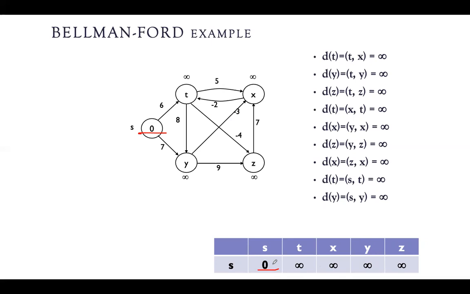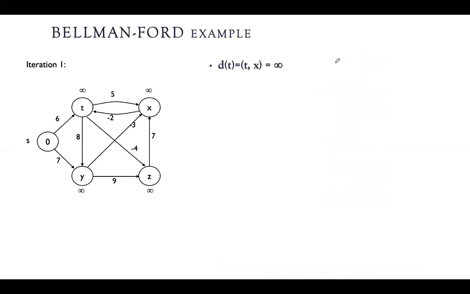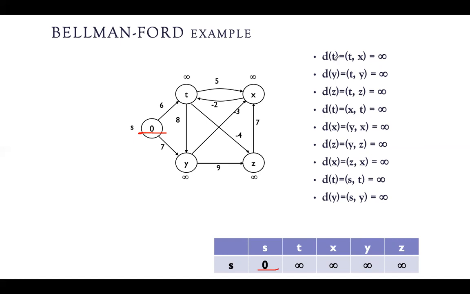From s, we are going to start, and I have listed down all the edges that are present in the graph. See, edge t to x means it will give us the distance of x. Okay, it should be x, not t.